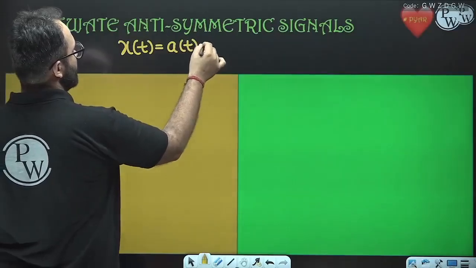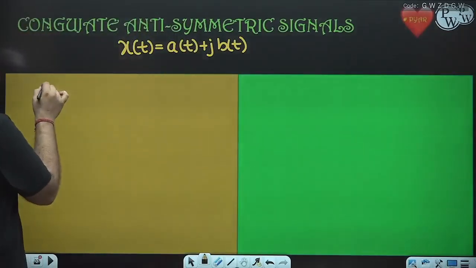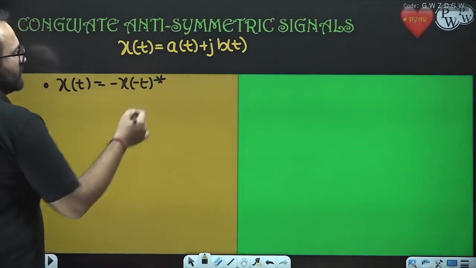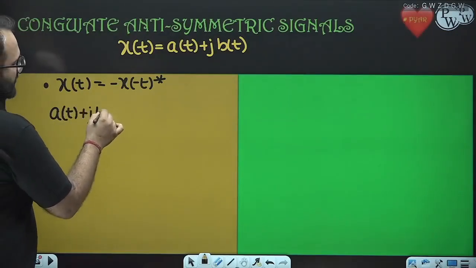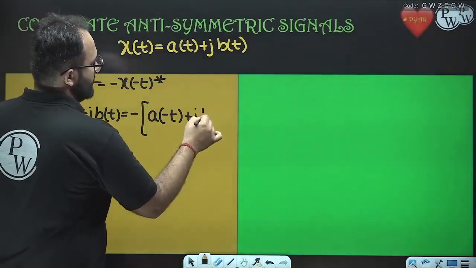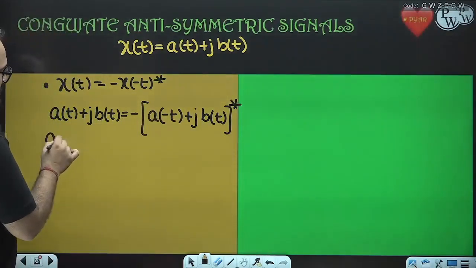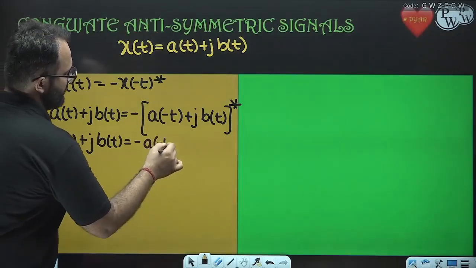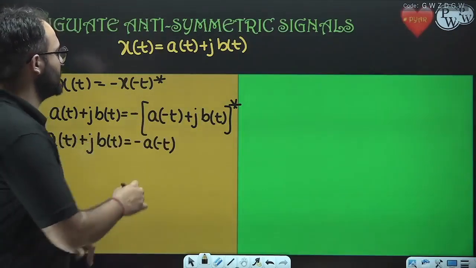Let us take x of t equals a of t plus j b of t. Now conjugate anti-symmetric means the property is the same as odd, only there is a conjugate sign here. So we have a of t plus j b of t equal to minus of a of minus t plus j b of minus t, conjugate. Now we take the conjugate inside. So a of t plus j b of t is equal to minus a of minus t, and the conjugate will convert the plus sign into negative, and the negative will make it finally positive.